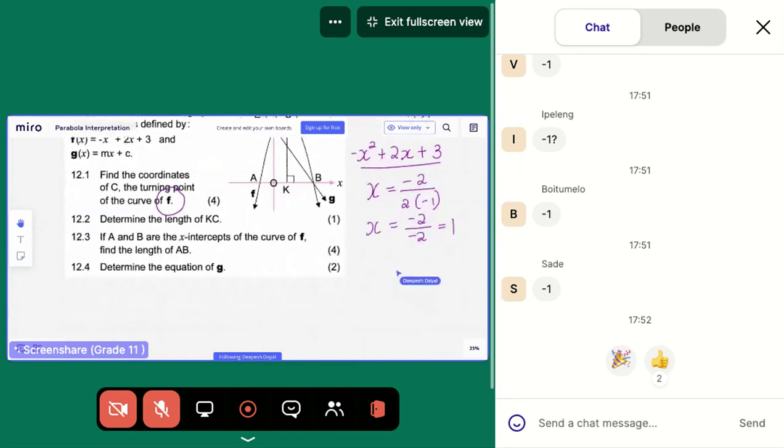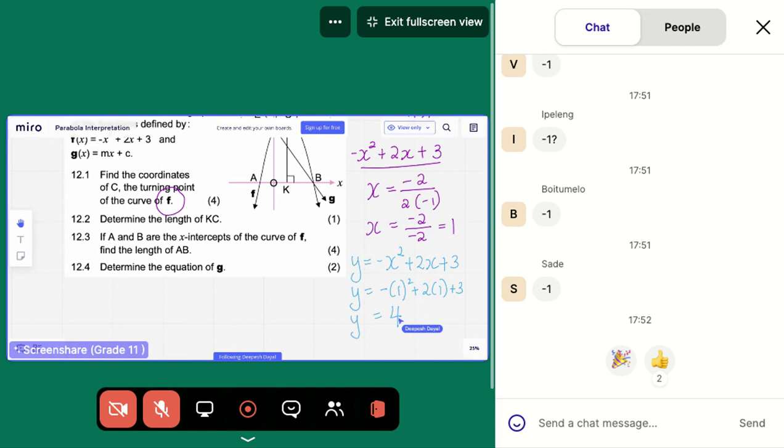So to find the y, we're going to say y equals minus x squared plus 2x plus 3, which will then be y equals minus 1 squared plus 2 plus 3, which is 4.